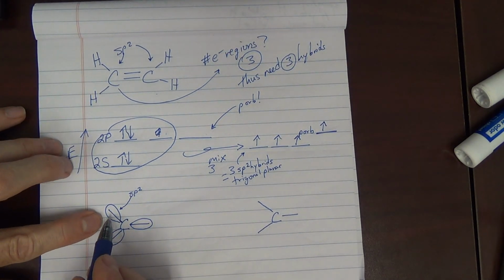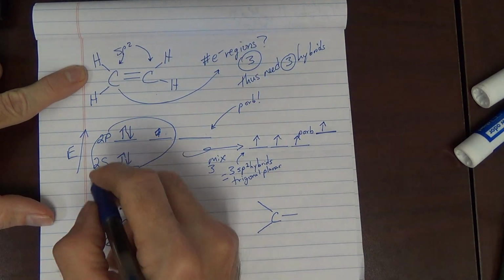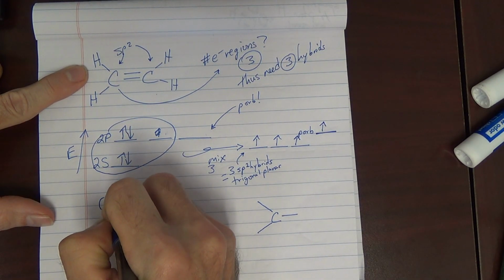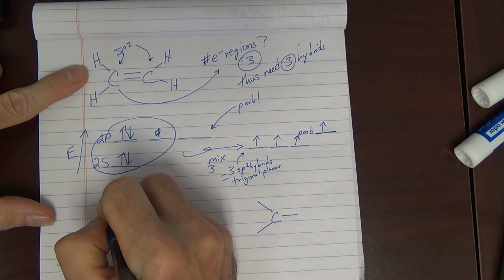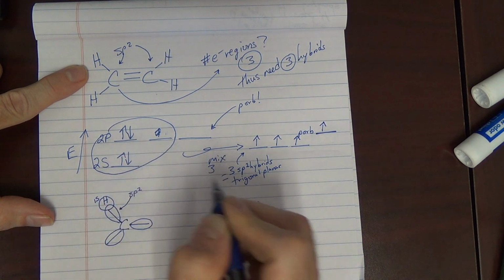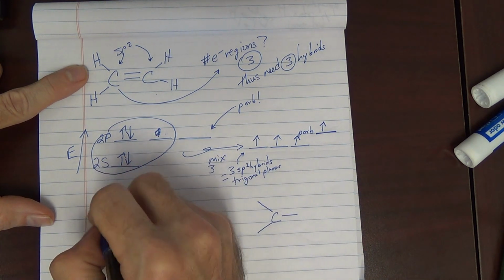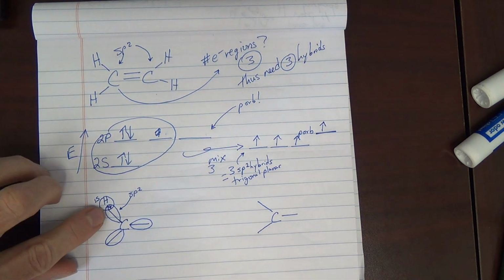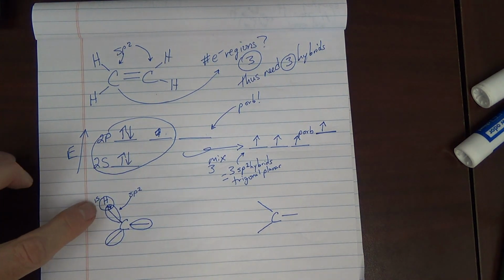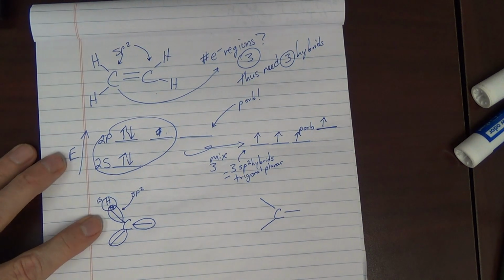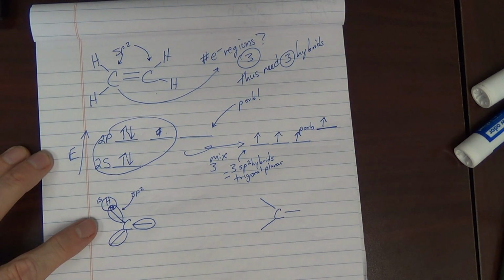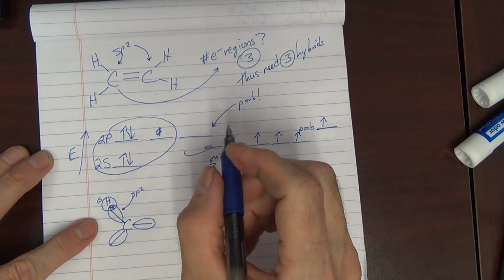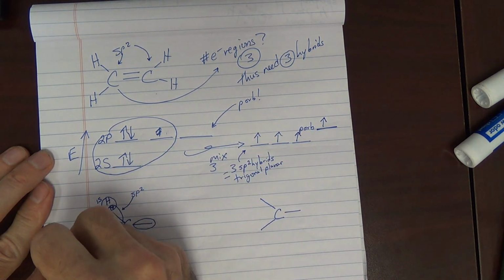What is this orbital interacting with? Well, the 1s orbital of the H, right? 1 electron from carbon, 1 electron from H. There's the magical 2 electrons that are interacting by overlap of these 2 orbitals. This is a sigma bond.